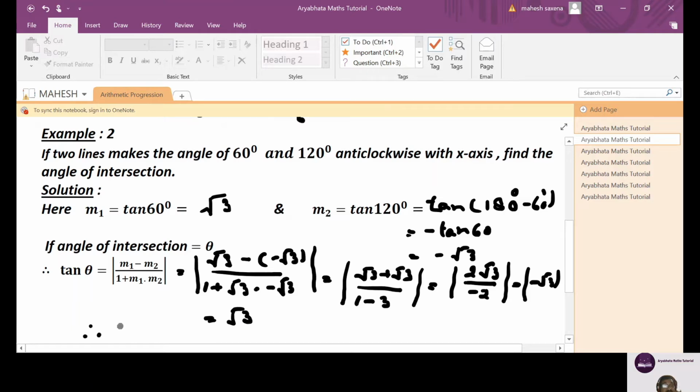Therefore, theta is equal to 60 degree, or it is pi by 3.